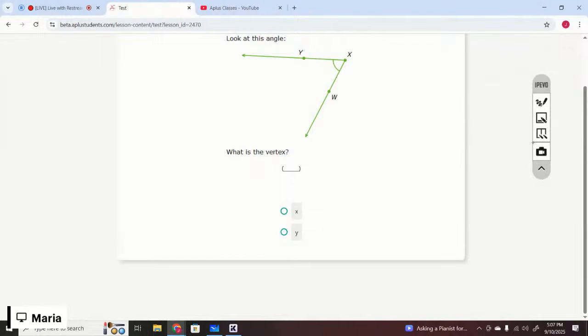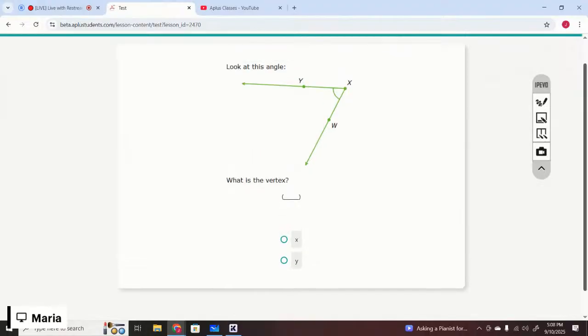Okay, look at this angle. What is the vertex?